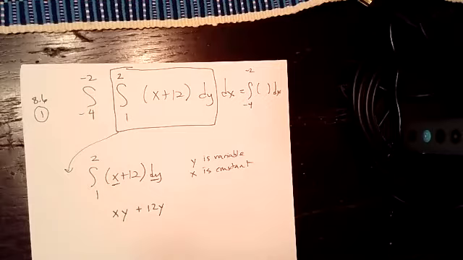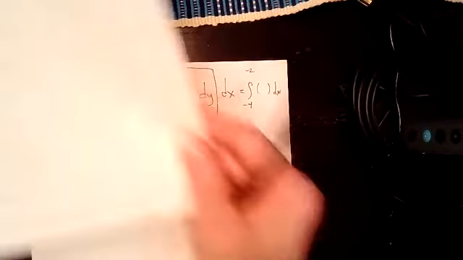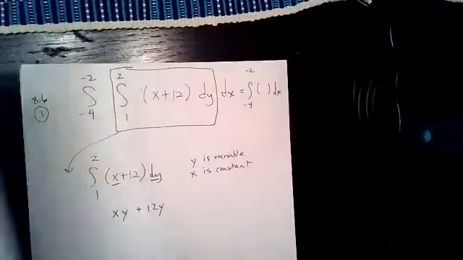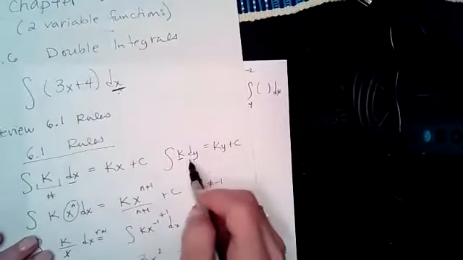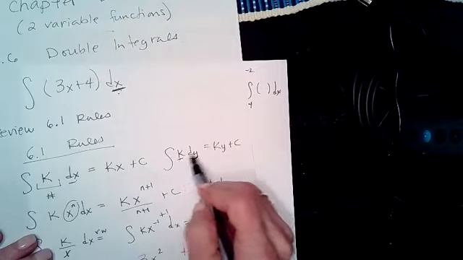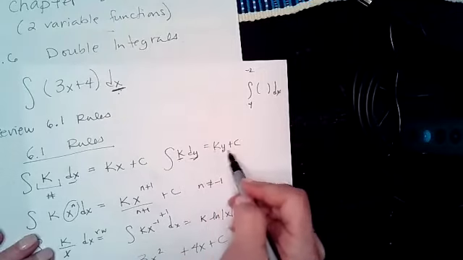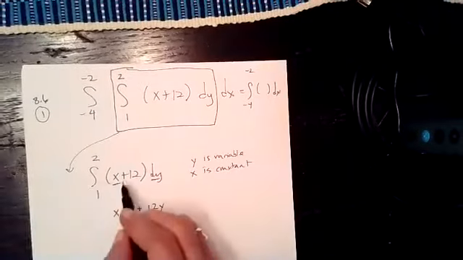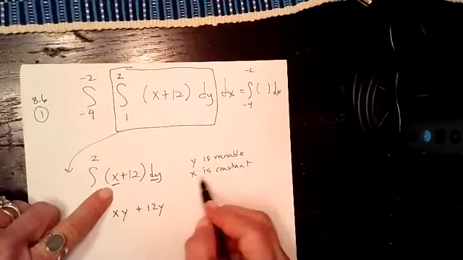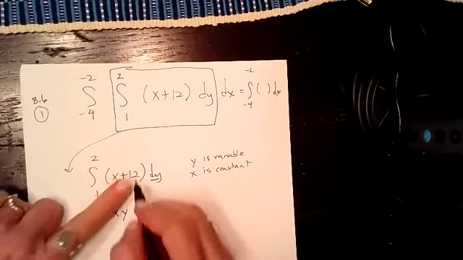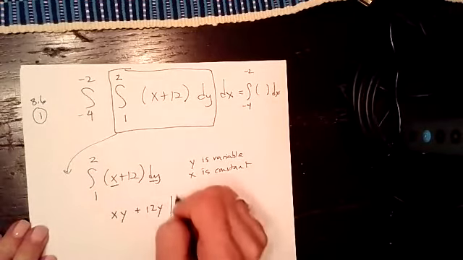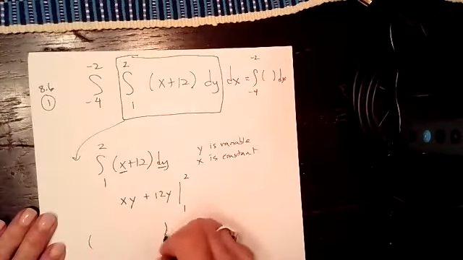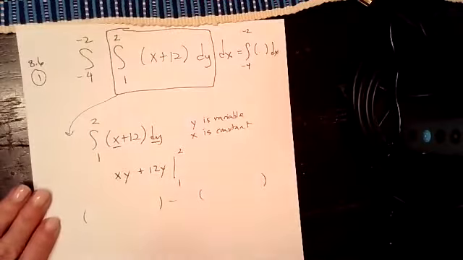Remember, in my 6.1 rules, if I integrate a constant with respect to y, I'm just increasing that constant by y, plus c. So integrating x with respect to y gives xy, then 12y. Now I evaluate it from 1 to 2, and this is where you have to be careful and write neatly.